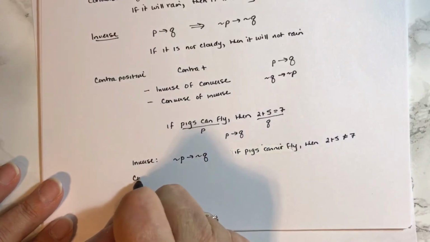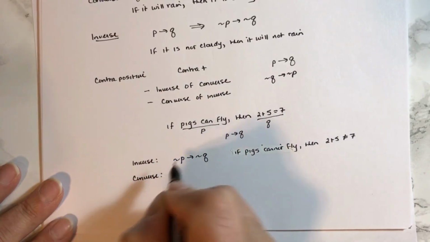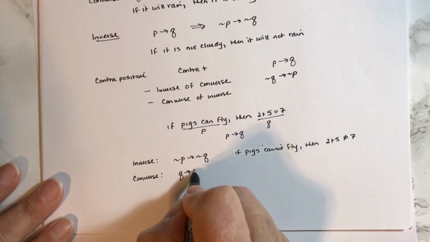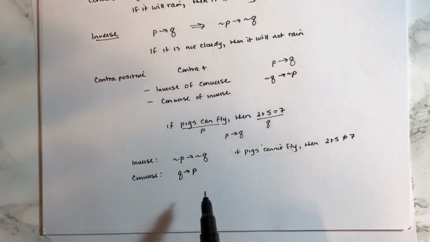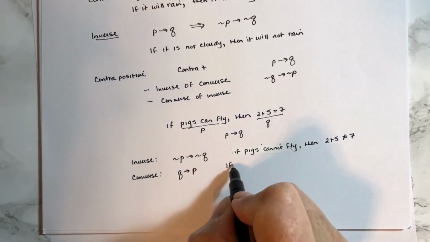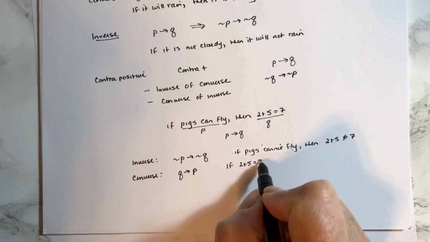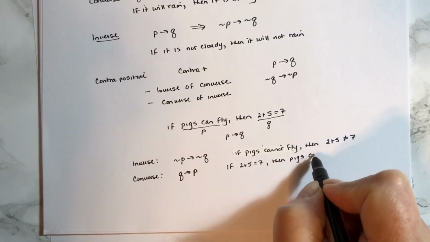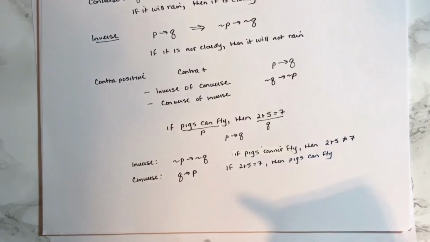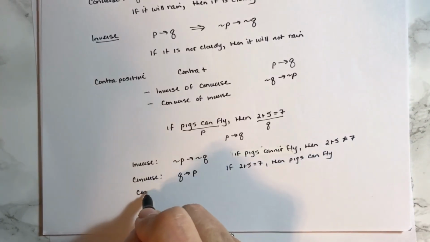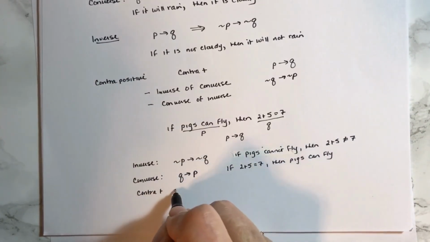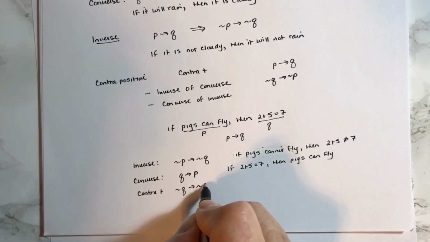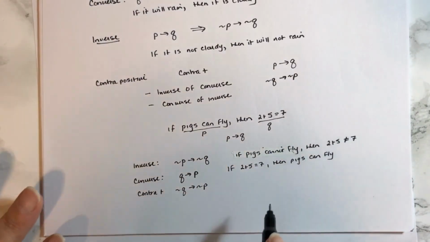I also know the converse means Q goes to P, right? So how would I write that in words? If 2 plus 5 equals 7, then pigs can fly. And then the contrapositive, well, that's tilde Q goes to tilde P, right?